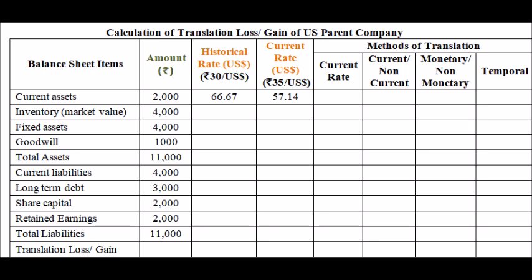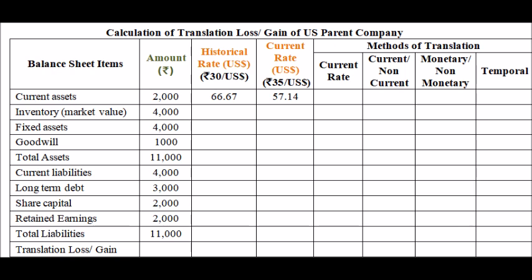The translation gain loss is in terms of dollars, so we need to convert all these rupees values to dollars. Convert rupee values to dollars using historical rate at the rate of rupees 30 per US dollar, current rate at the rate of rupees 35 per US dollar. One example, the first item is current assets, rupees 2,000.